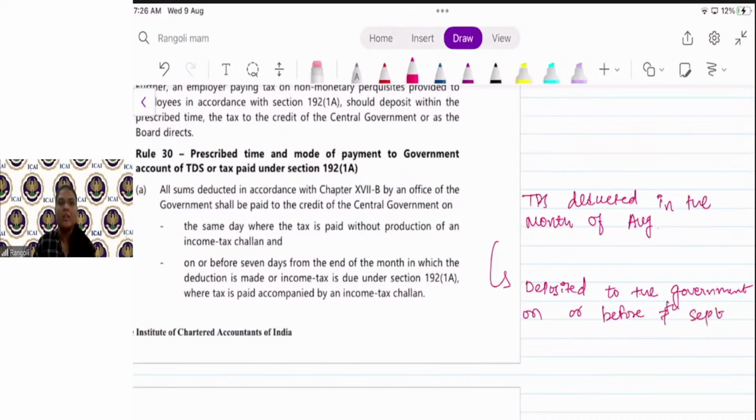That means TDS is required to be deposited to the government on or before 7 days from the end of the month in which TDS is deducted. Clear?